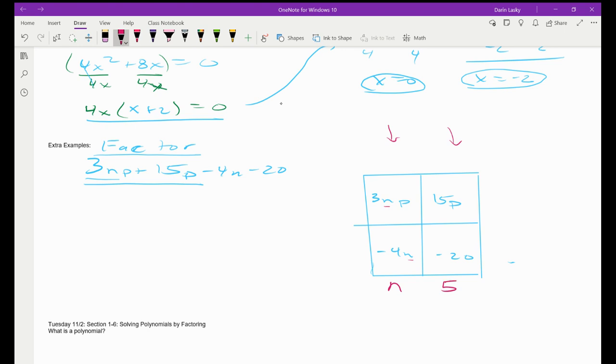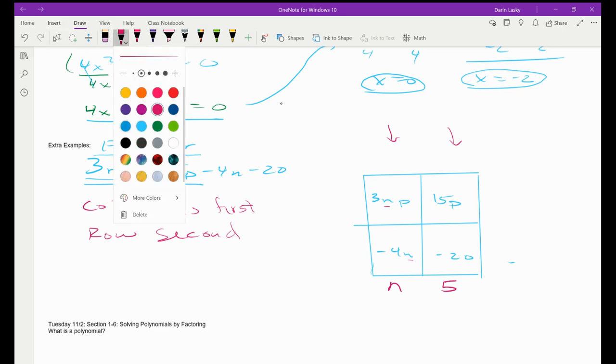Okay, so I do columns first, and then I do rows second. Okay, so then I look at my row here.